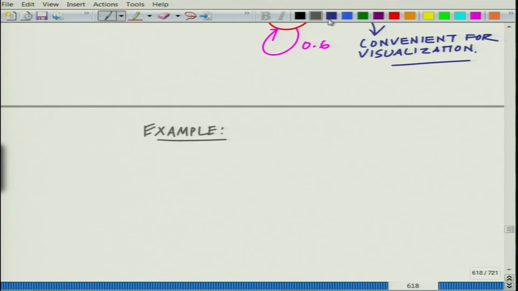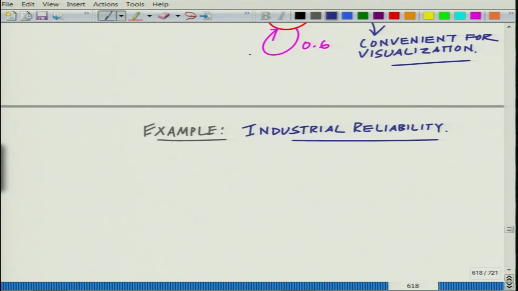So, we have industrial reliability. Let us talk about industrial reliability. Now, what happens with industrial reliability?